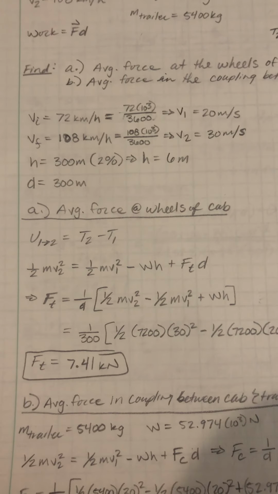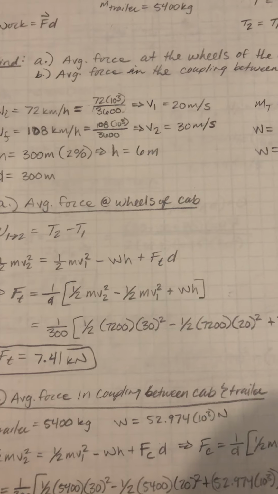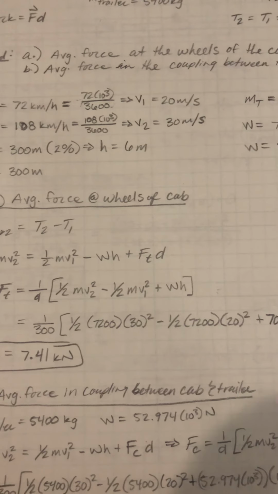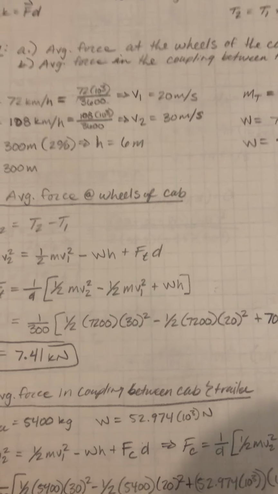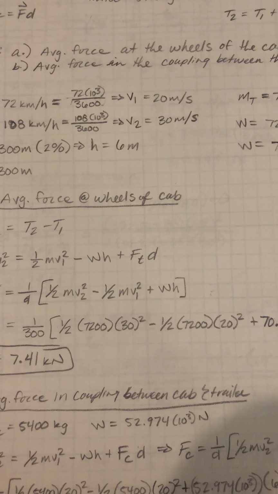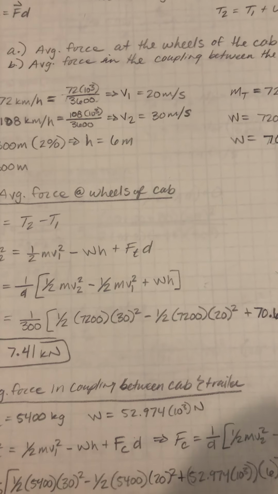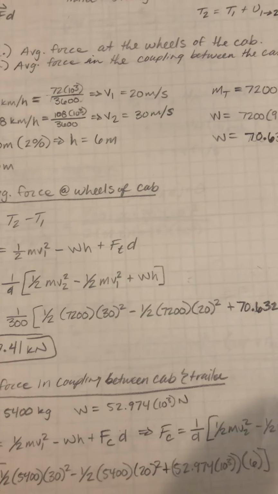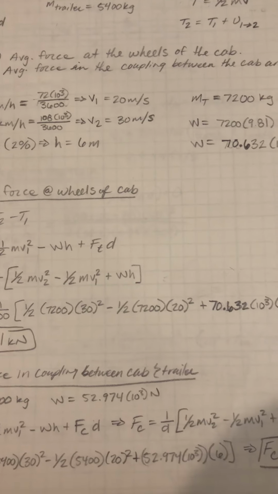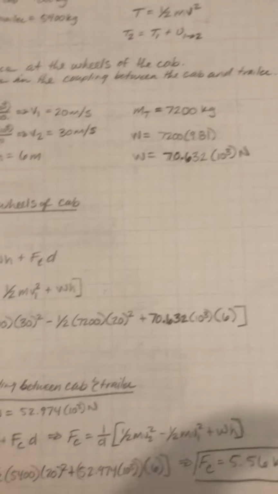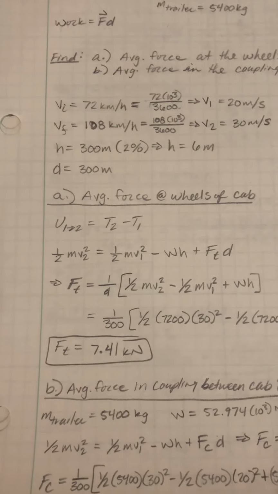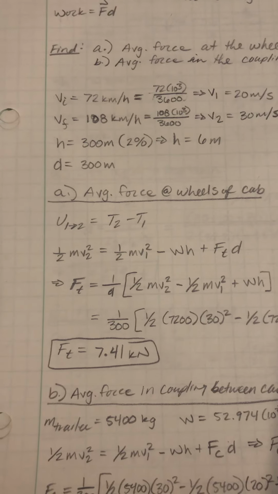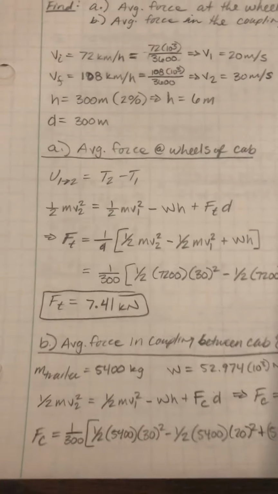So as we have 1/300 meters times 1/2 times 7,200 kilograms times 30 meters per second squared minus 1/2, and so on and so forth. And we were able to find that the average force is equal to 7.41 kilonewtons.